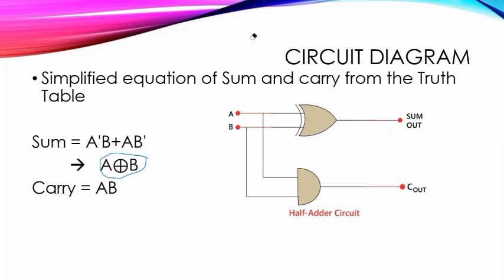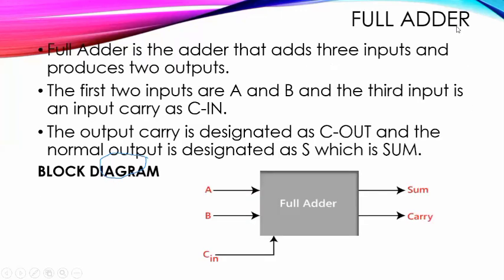Next, we will get into the full adder. A full adder has 3 inputs, and these 3 inputs produce 2 outputs. The 3 inputs are the carry which I told you about, which goes in as the third input.